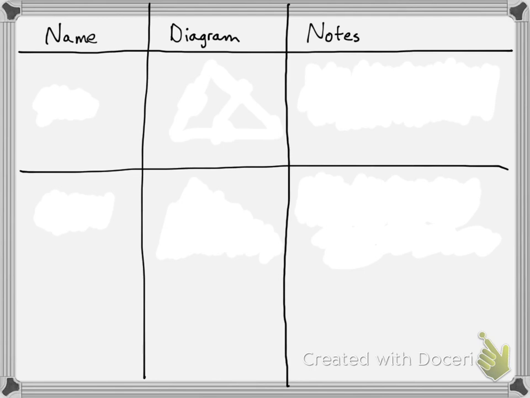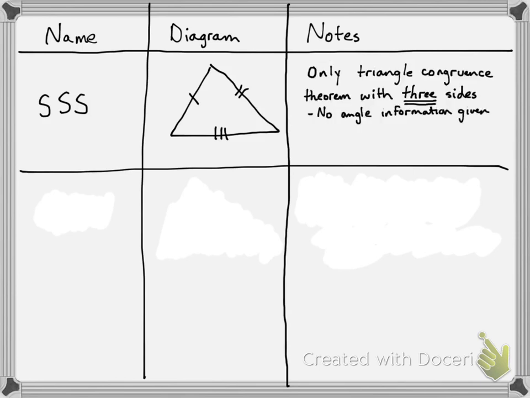And I'll go ahead and show you what the first line is going to look like. So if you've already got your table set up, you can start writing that down.